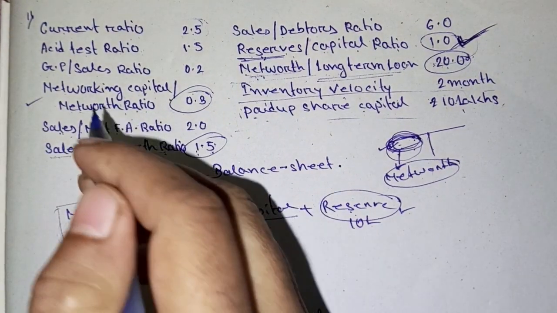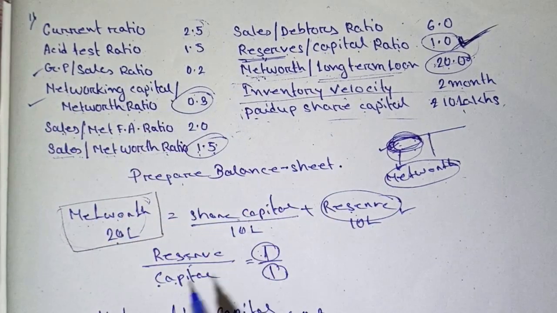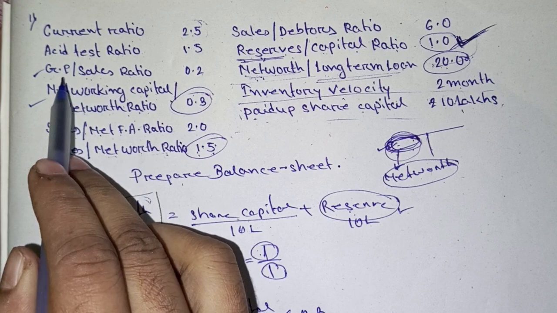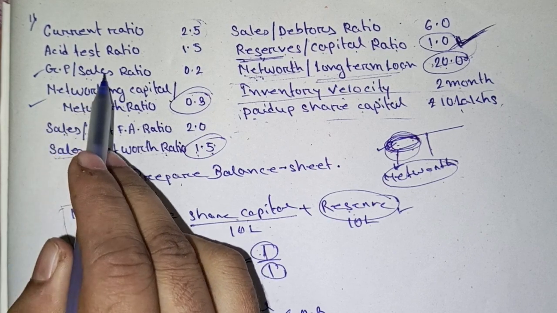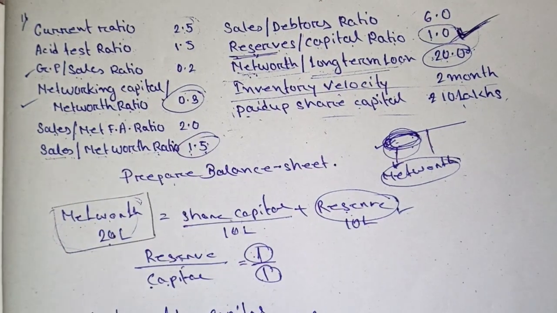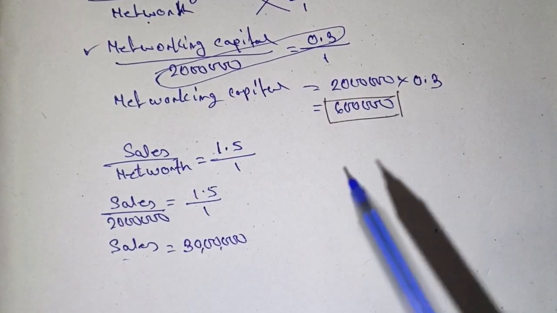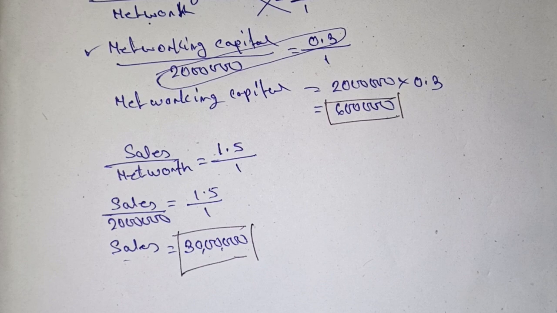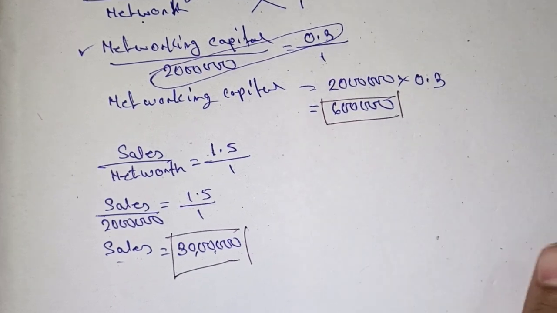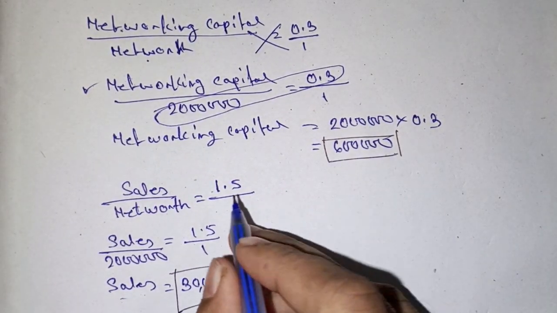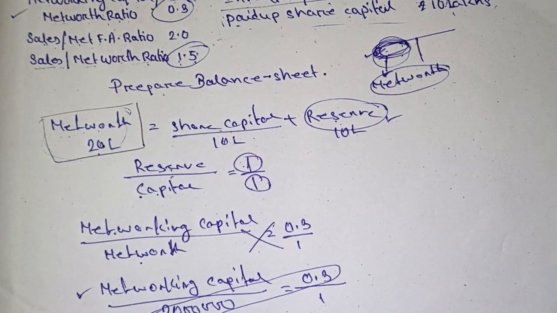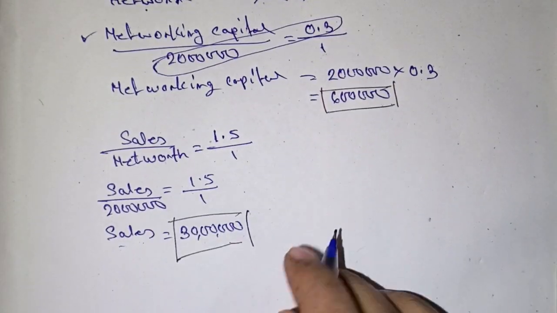Now we should find our GP, because we know the sales value. Then GP by sales equal to 0.2. Write it here. I am marking with the black pen. So GP by sales ratio equal to 0.2.